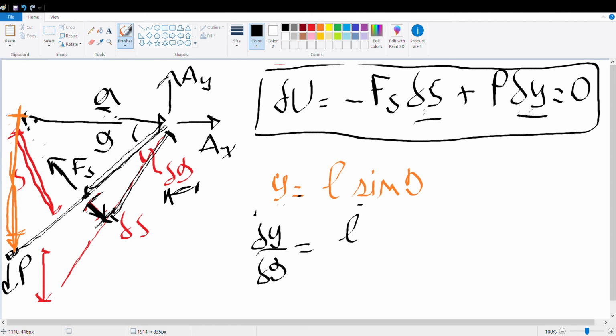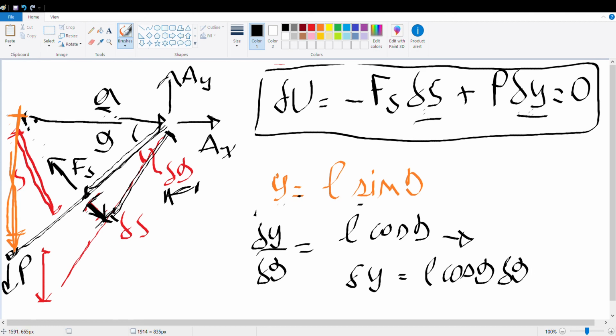The derivative of sine of theta is cosine of theta. So this is delta y over delta theta, and then of course delta y is equal to L cos theta delta theta.